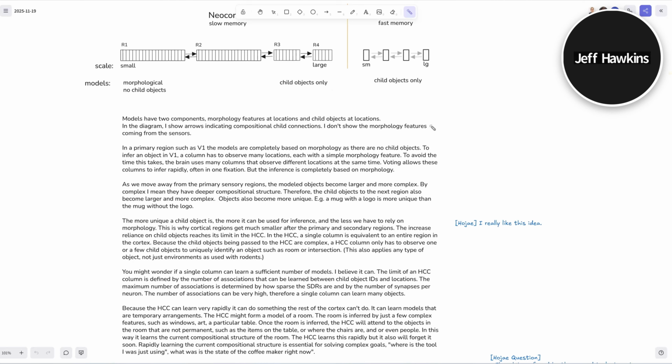Presumably. But one of the nice things about it, I've been bothered by, okay, does the retina have to project to every single region, all the way up? And the answer is no, it doesn't. So when we start thinking about conceptual objects, we're not tied to the sensory organs anymore.